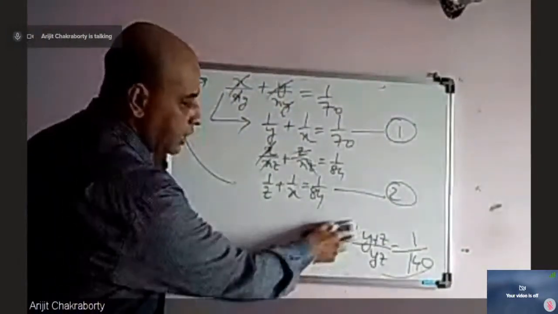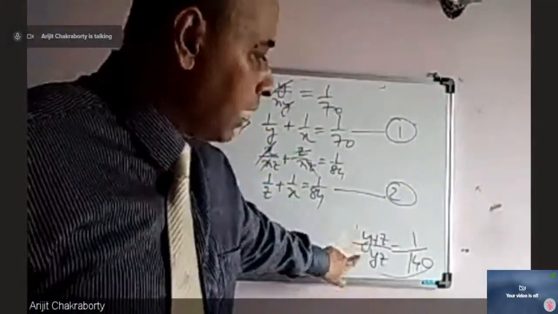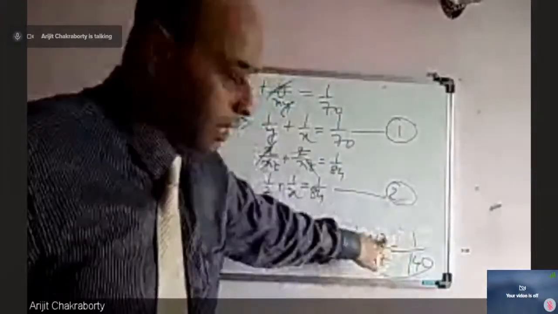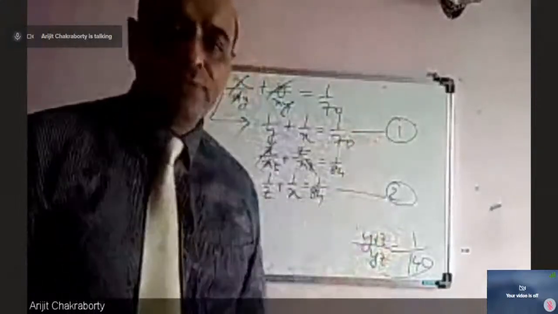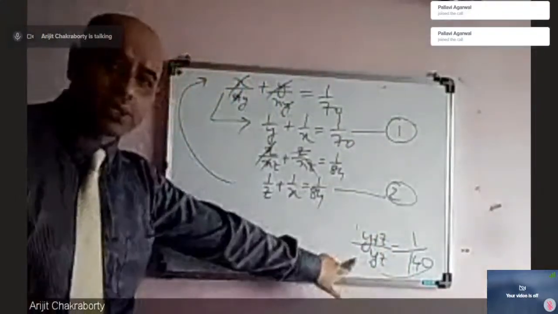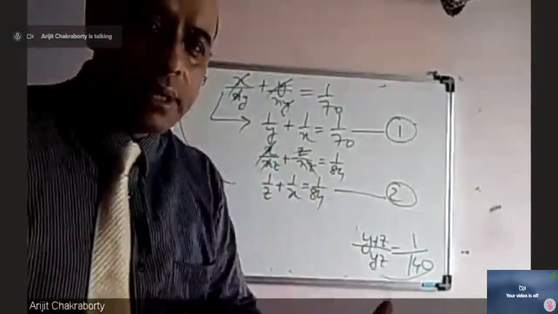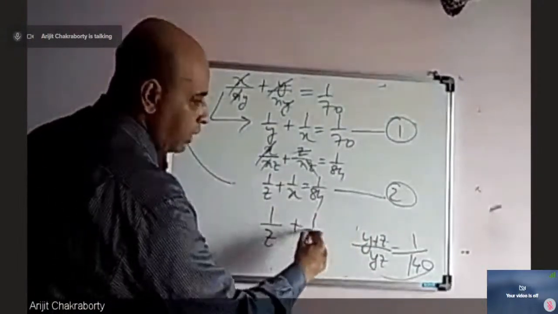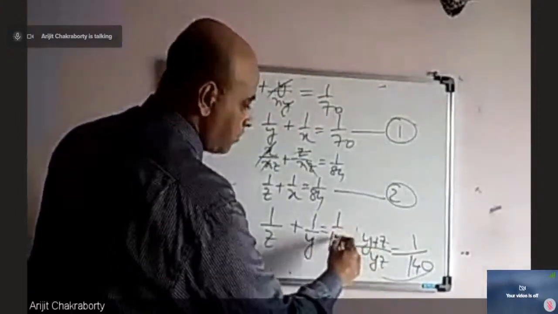The third equation we had (y + z)/yz equal to 1/140. If you do the same thing that I have done in 1 and 2, in equation 3, you will again get 1/z plus 1/y equal to 1/140.